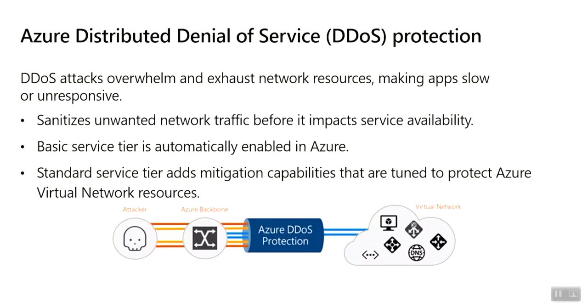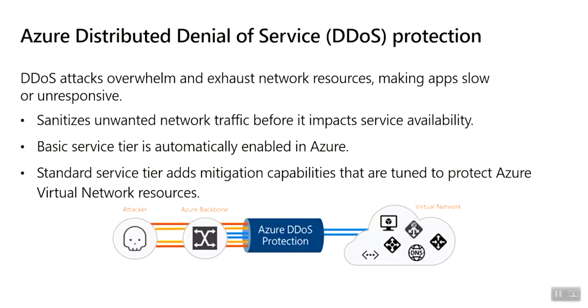Now, where this is different from the Azure Firewall, which is just verifying, yep, this is allowed traffic, this isn't, the DDoS protection is asking, is this valid traffic? So what it's doing is preventing any unwanted traffic from coming in, so that it doesn't have a chance to take down any of your services.